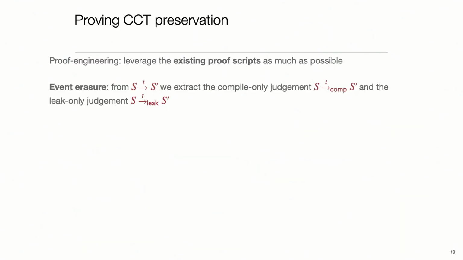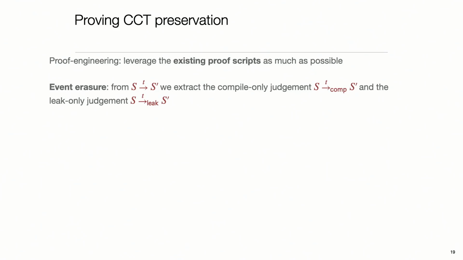So we had here a proof engineering problem because there is an existing CompCert. We want to reuse this proof. There are all these simulation techniques that are very useful. So can we leverage these existing proof techniques and the proof scripts as much as possible? The answer was yes, and this is what we have done.